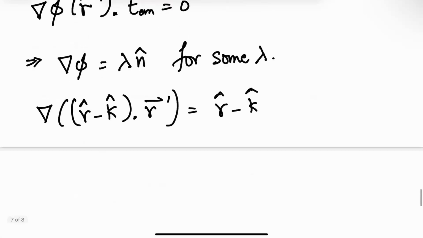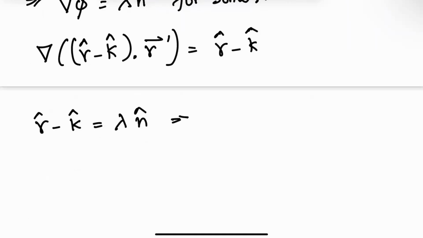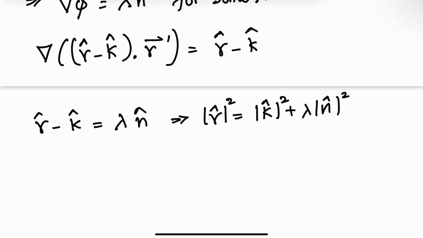Which means that r hat minus k hat is equal to lambda n hat. Okay, and I want to find what is lambda. So to do that, I can take the modulus: mod r equals mod k plus lambda mod n, put squares in there, plus 2 lambda k hat dot n hat.